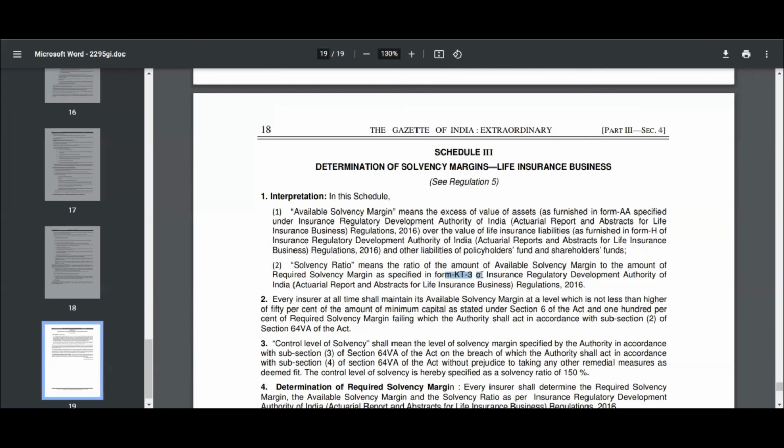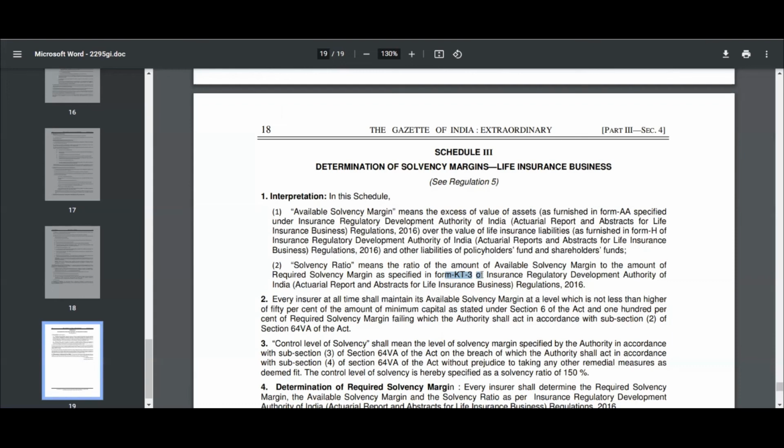What this regulation states is that your available capital, which was 50 rupees, and your required solvency margin, which is 30 rupees, so 50 by 30, should be greater than 150% or 1.5. In this case, 50 by 30 is more than 1.5, and that is the minimum amount that has to be kept.